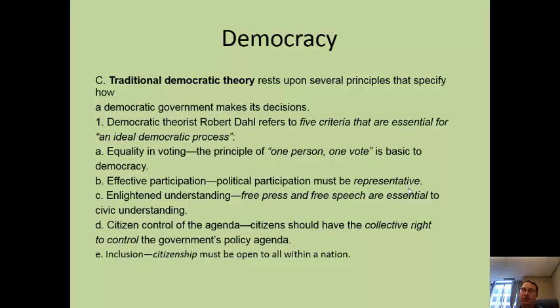Citizens should have a collective right to control the agenda and who's going in and out of Congress, those kinds of things. And then citizenship has to be open to all within the nation. So those are Robert Dahl's ideas about what makes an essential democracy.